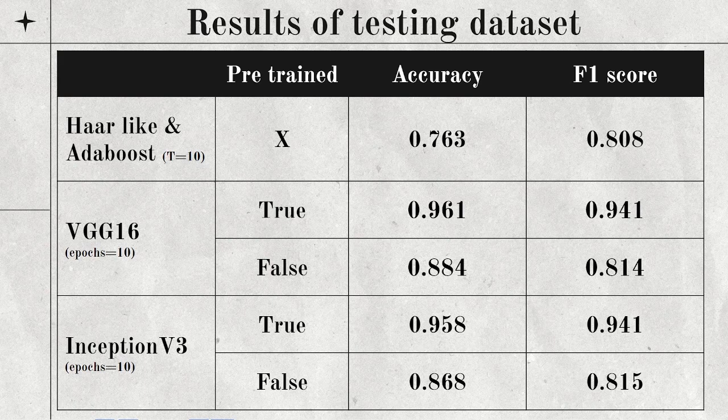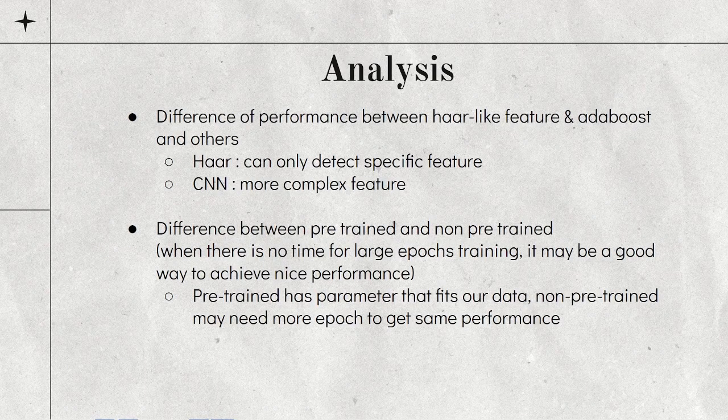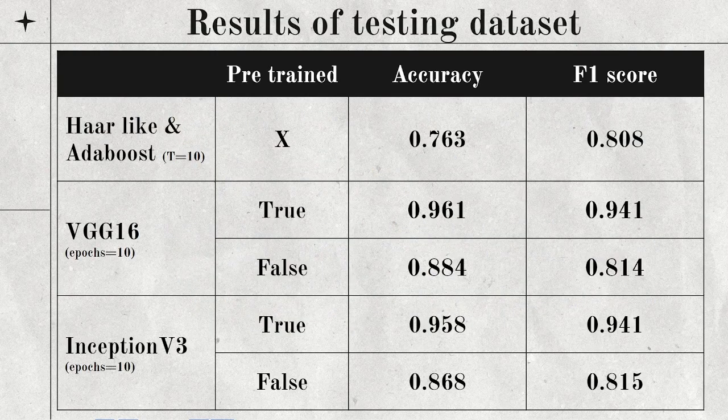The reason is that the HARLAC feature is determined manually, so it can only detect specific features. If the data is tilted or part of the data is covered, it will have difficulty recognizing it. However, the other 2 methods have a higher degree of freedom, since it is determined by training, and they can recognize varying data. Second, we can see that the pre-trained model is better than the non-pre-trained model.